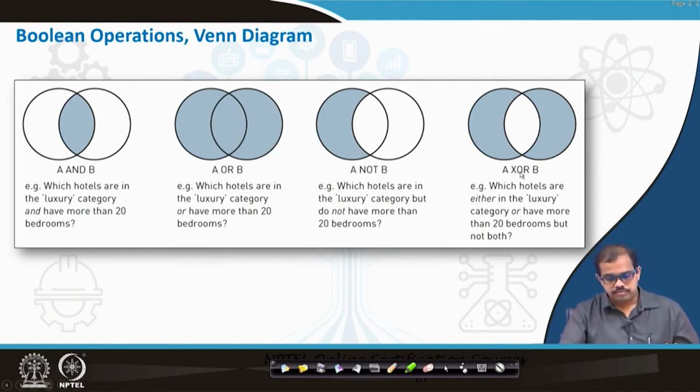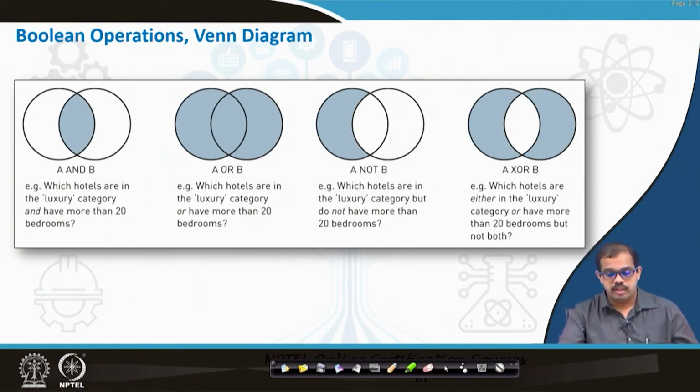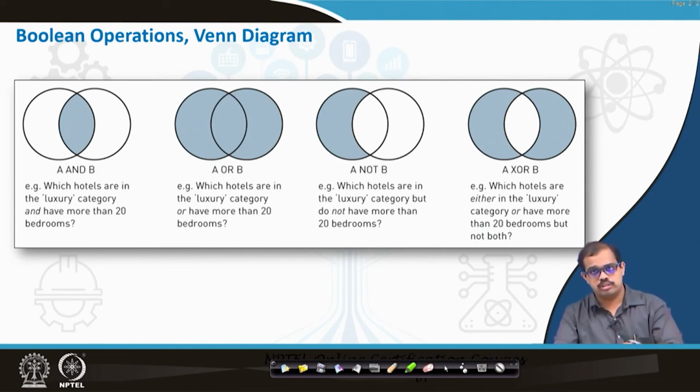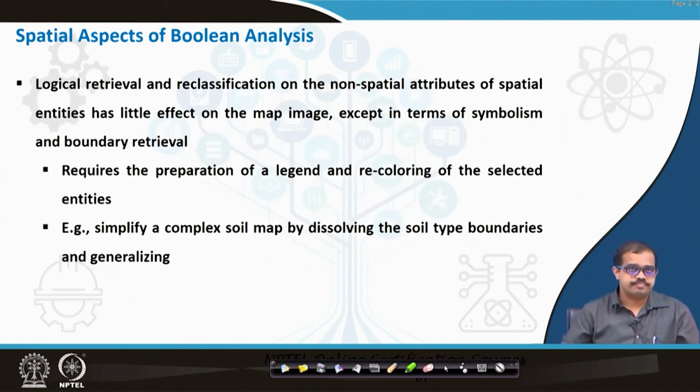Okay. Which hotels, for example, if you are looking at operations like A XOR B, which hotels are either in the luxury category or have more than 20 rooms, but not both, then you have to look at XOR. So, these are different Boolean operations that you can look at.